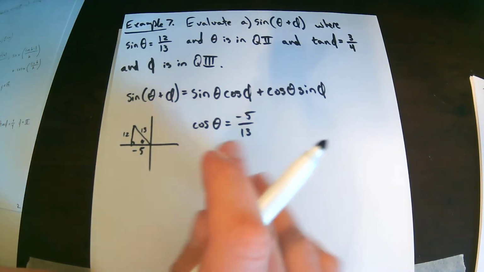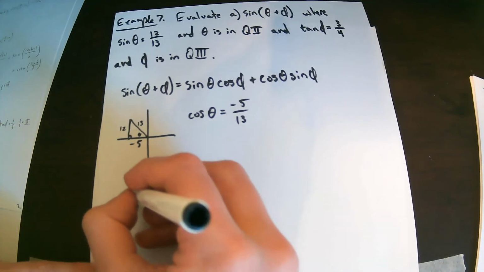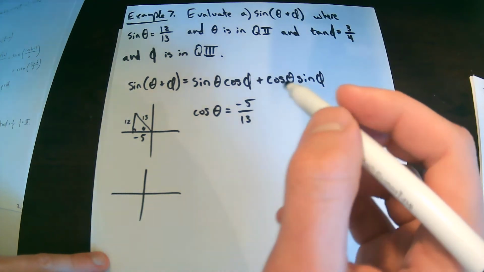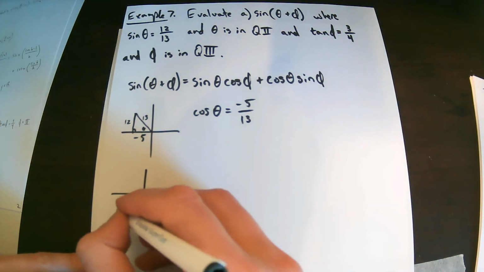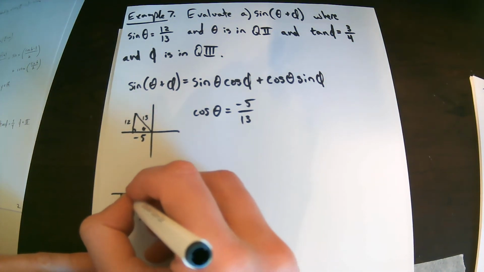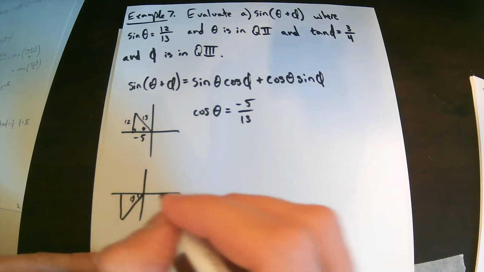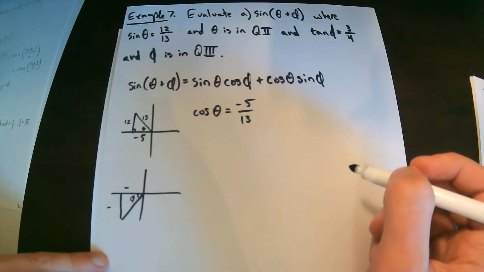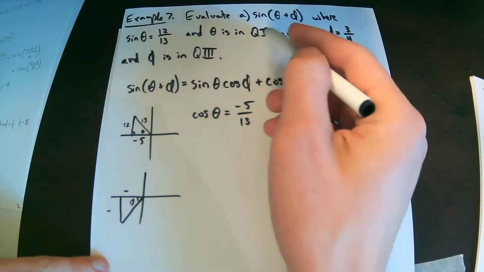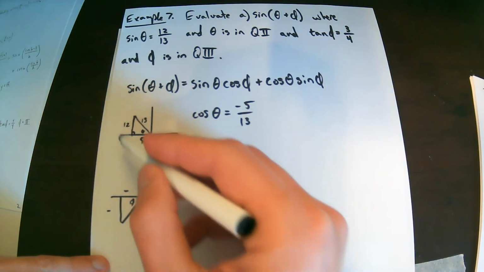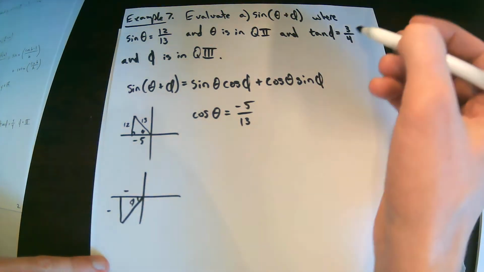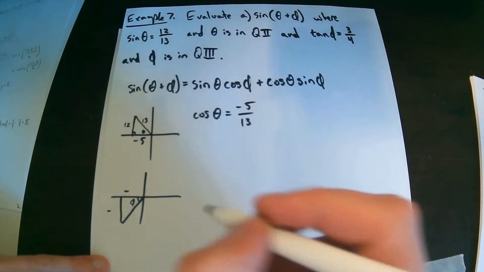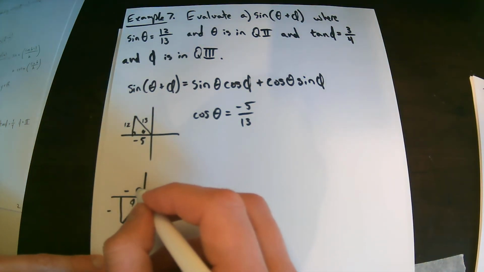So now I'll work on phi. New triangle for phi. Phi is in quadrant 3, so I'll just draw it down here somewhere. This is phi. Both of these sides are negative in quadrant 3. That's why they tell us what quadrant these angles are in, so we know what the signs are on these sides. And tangent of phi is equal to 3 over 4, so that's opposite over adjacent.